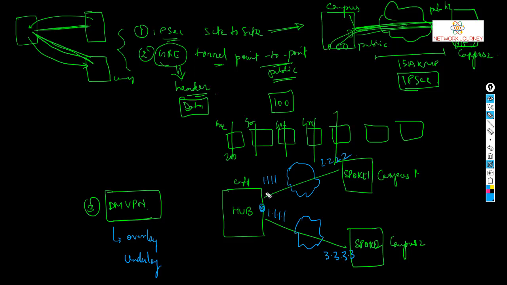My traffic will be carried on a tunnel interface, tunnel 0. Let's say I also have tunnel 0 here and tunnel 0 here. Now these tunnels work on private IPs: 192.168.1.1, similarly this works on 192.168.1.2, and this works on 192.168.1.3. Now the traffic will move over this private network. Okay, what about spoke to spoke connection?